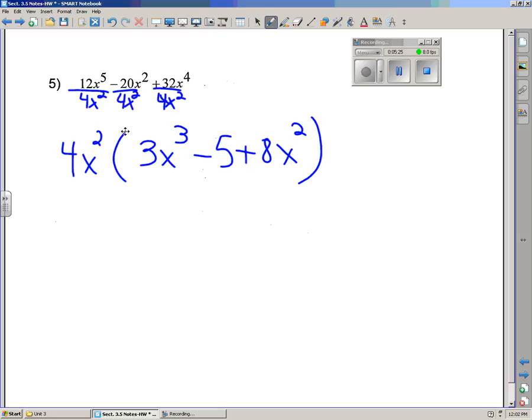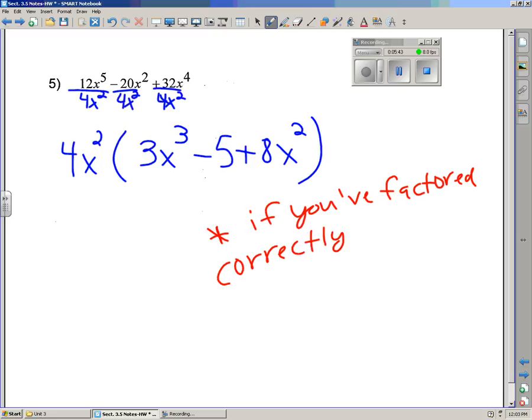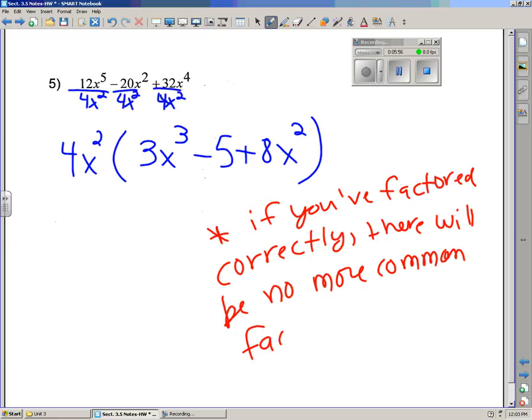You need to understand that if you factored correctly, there's going to be no more common factors inside your parentheses. So that's maybe worth writing. If you factored correctly, there will be no more common factors inside the parentheses.